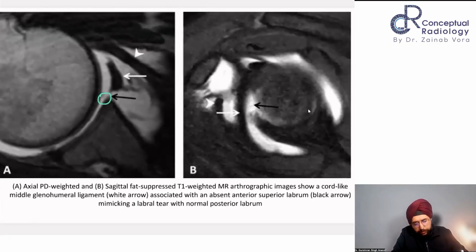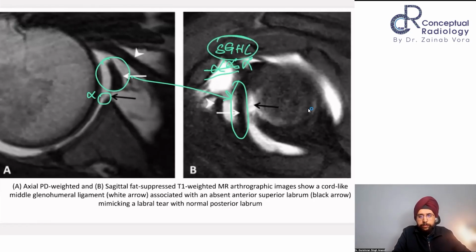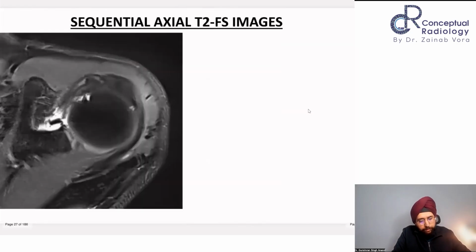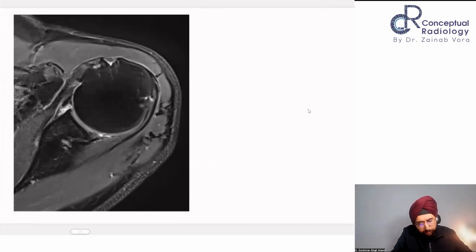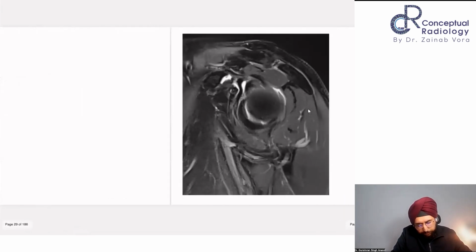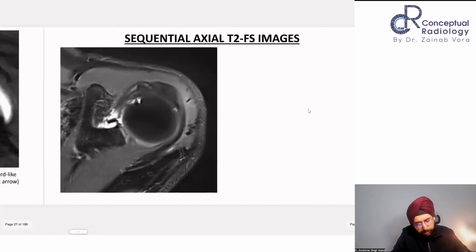So we see there is absence of the labrum. There's a thickened cord-like MGHL here. Okay. We do not see any SGHL here as well. So Buford's complex. Okay. Again the same.